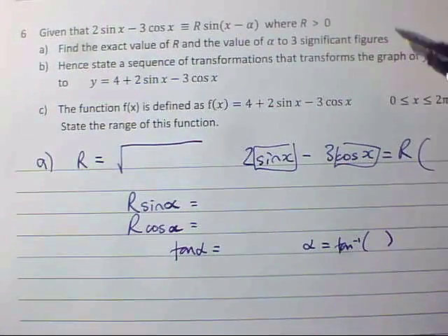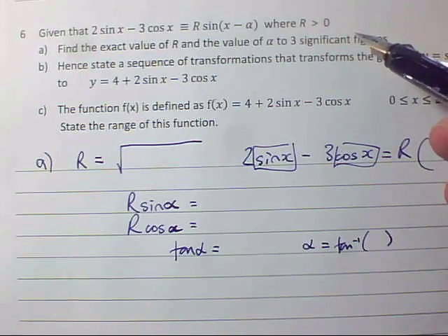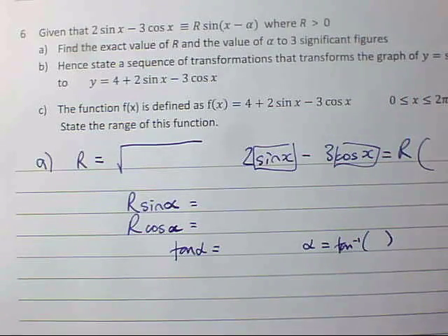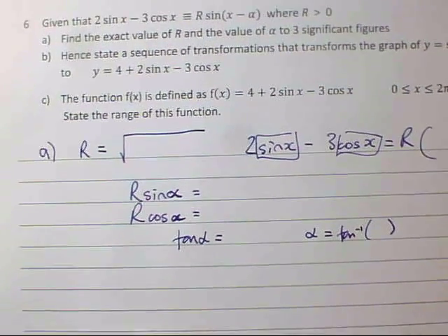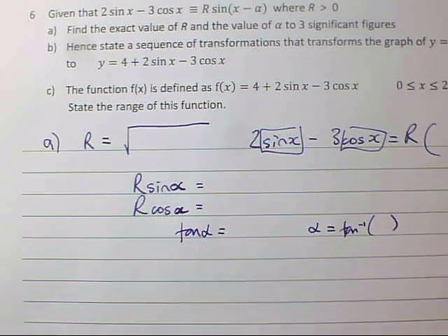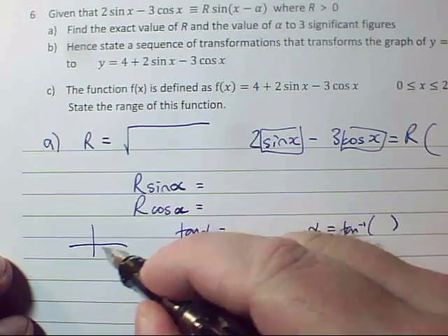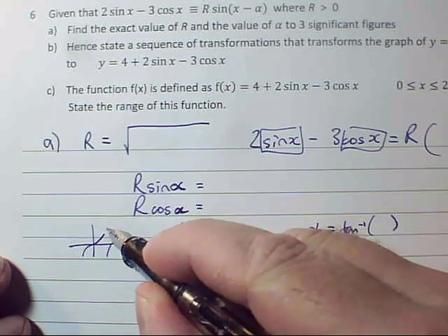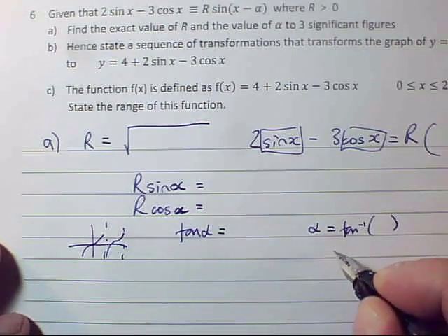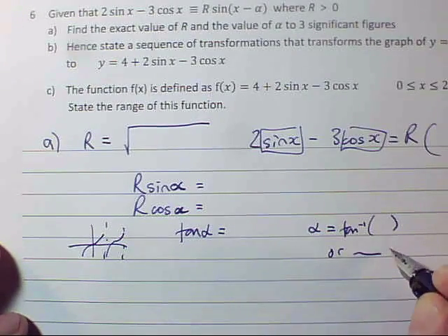It doesn't even specify a range for alpha, so any value will do, but there's going to be exactly one alpha in the range 0 to 2 pi that's going to work. So having got your first inverse tan, you then need to consider your tan graph, and we know that solutions repeat for tan every pi. So your other solution for alpha is that same value plus pi.